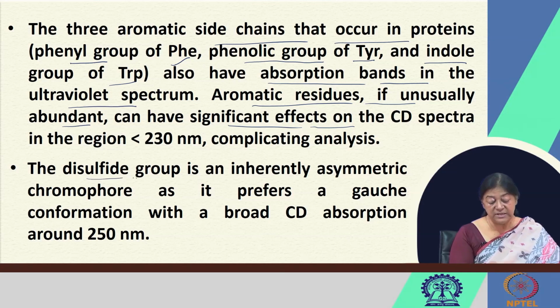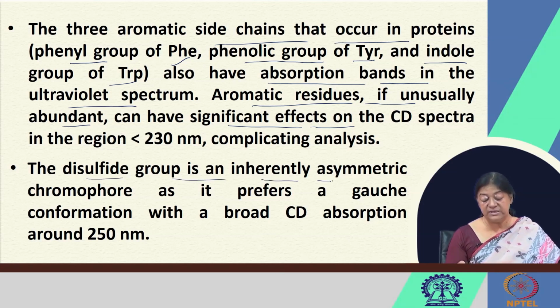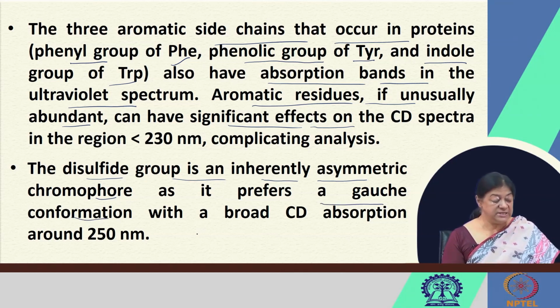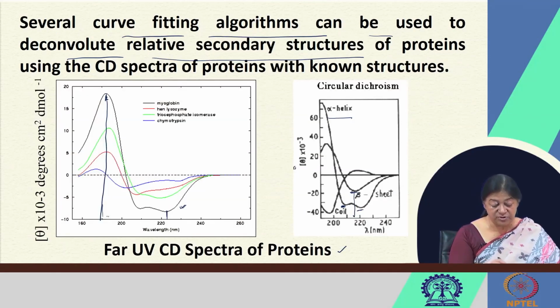In addition, the disulfide group, which we know is an inherently asymmetric chromophore because it prefers a gauche conformation, has a broad CD absorption around 250 nanometer, but the range that we are looking at, as we saw in the CD spectra before, is somewhere around this region.